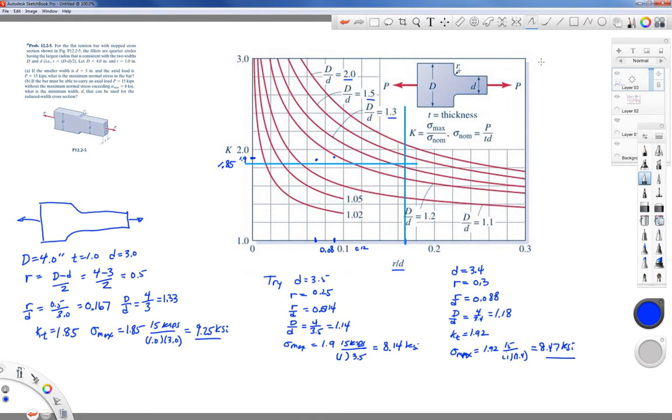So let's try another one. I'm going to run out of room here if I'm not careful. So 3.5, and then we went to 3.4, and so let's try something in between, maybe 3.45. So little r is going to be 4 minus 3.45 divided by 2. It's equal to 0.275.